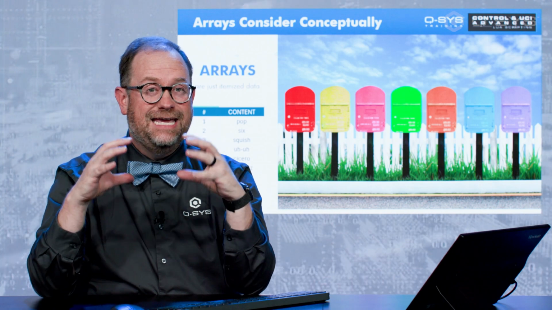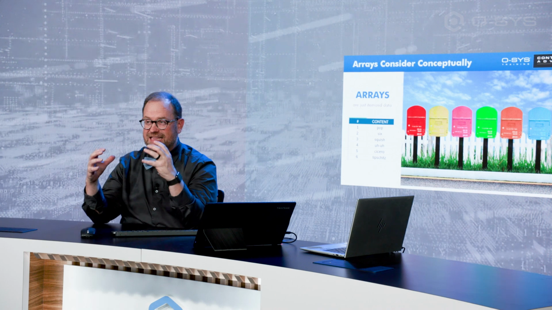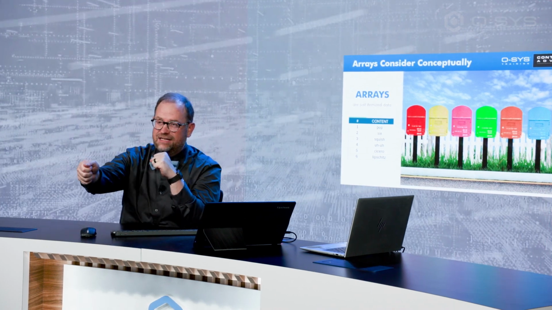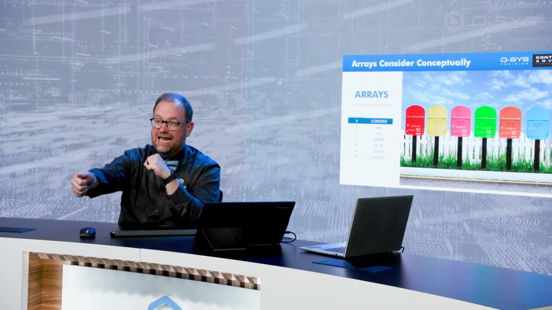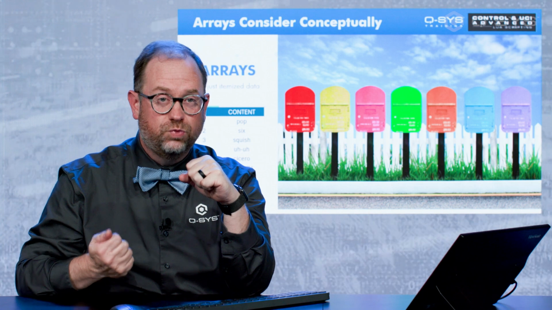This is called indexing a table or indexing an array. And when we did bracket 1 a minute ago, we were indexing the array of controls, and we stuck in the number 1 and we got out the button. We got out the control.